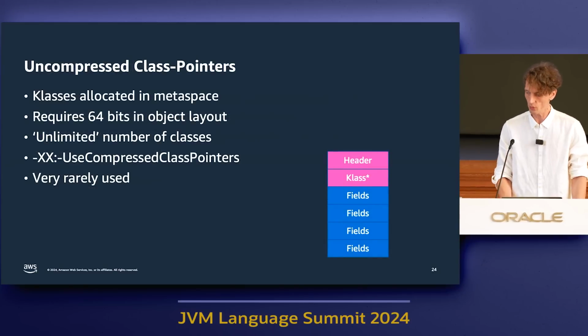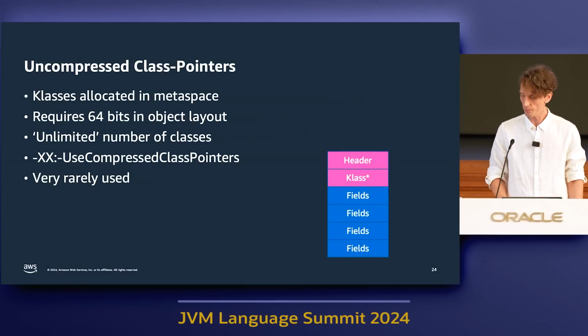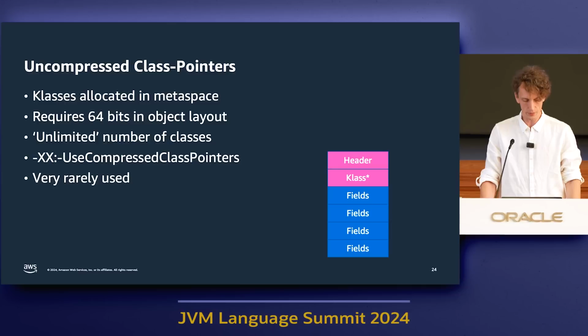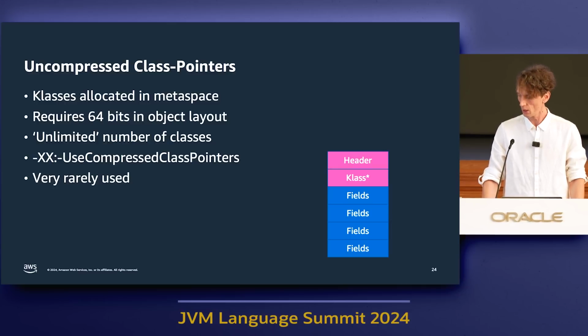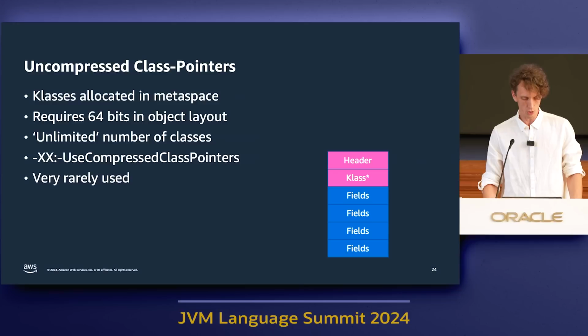What is the class pointer? So there is a special mode that you can use that's called uncompressed class pointers. Basically what happens is that the Klass structure is allocated somewhere in metaspace. Quite simple. It requires 64 bits in the object layout. It allows for basically unlimited number of classes, except for whatever limits the operating system imposes.